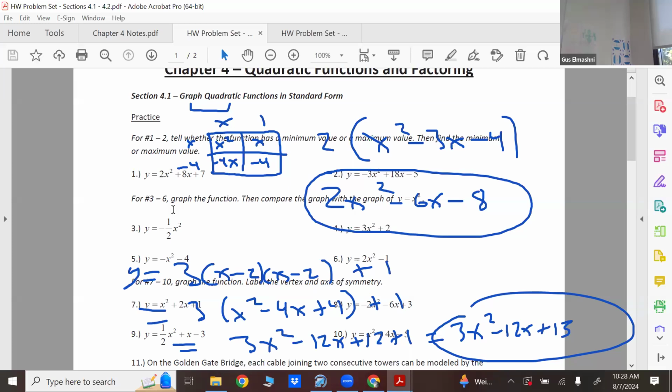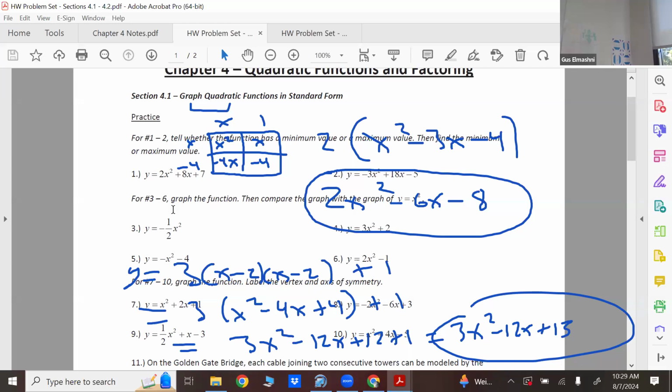So for 4.1, numbers 3 through 6, all. Then for 4.2, we didn't do word problems today, so it's numbers 1 to 2, all.